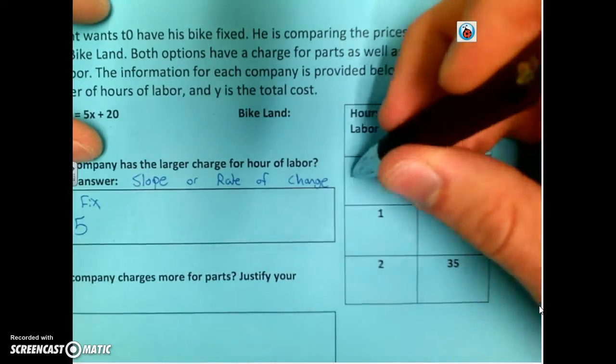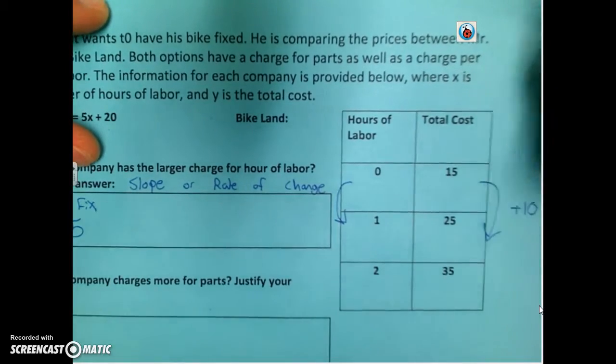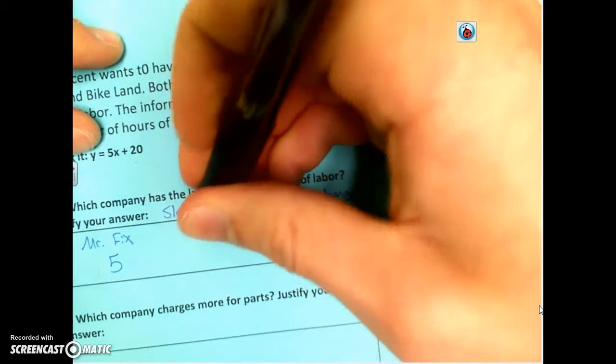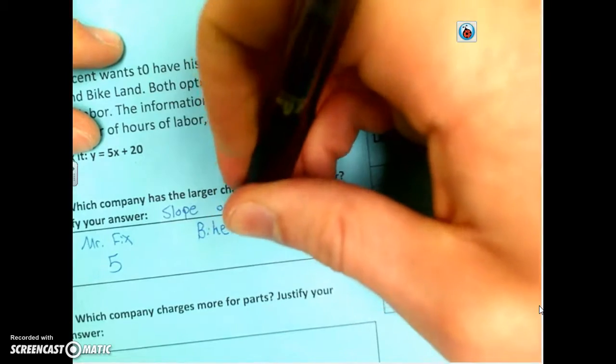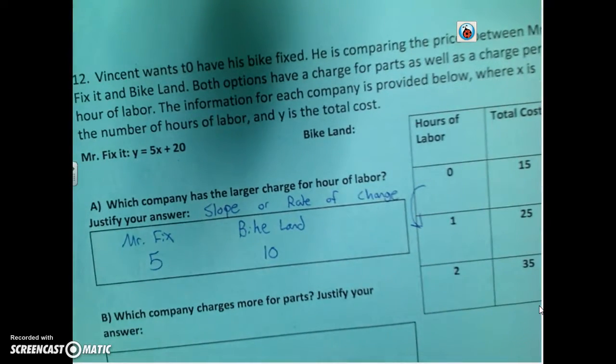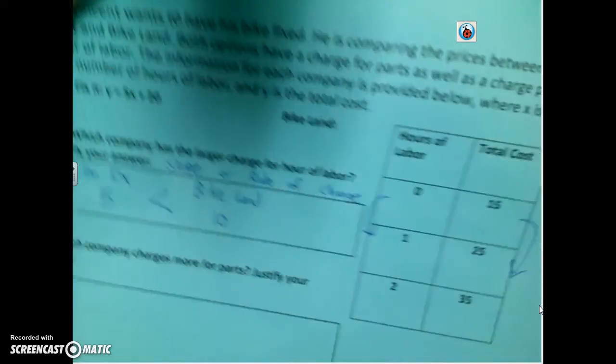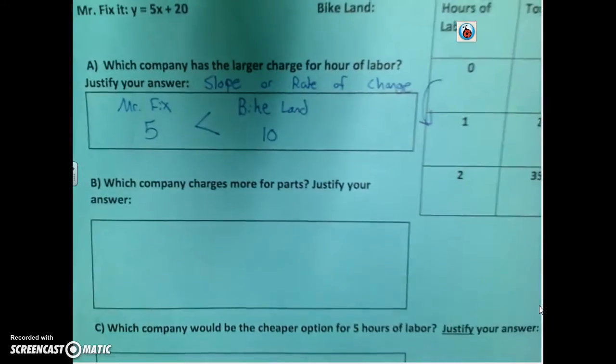Well, as I increase by 1 hour of labor, my price increases by 10. So it looks like Bikeland has a rate of change of $10 per hour. So which company has the larger rate of change? Bikeland is larger.